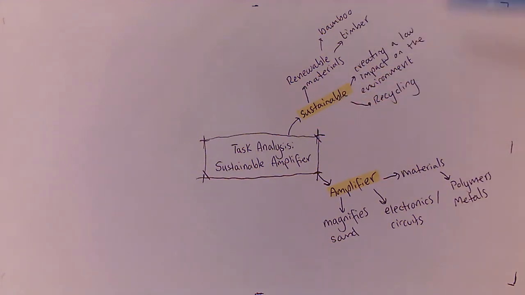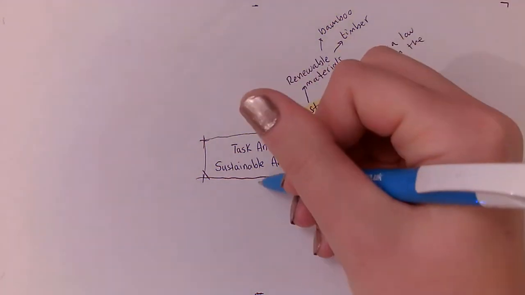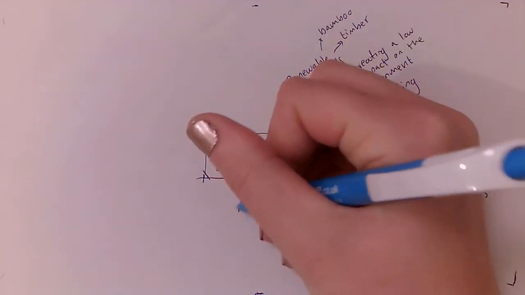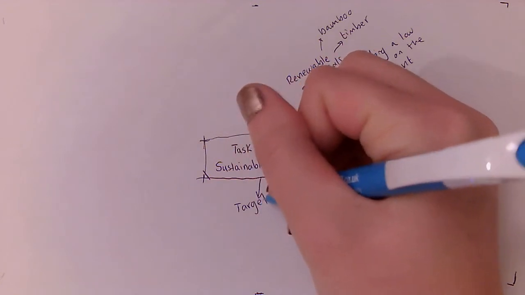So from this point, once you've defined your key terms as far as you can, so as much as you can think of, there are some other things that we need to consider when investigating a project. So traditionally, we need to think about who we're going to be designing and making this product for. So we need to know who our client or our target audience will be.